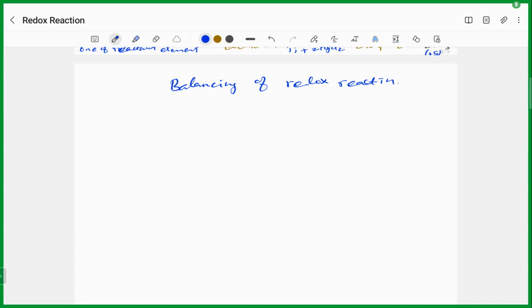And then the reduction reaction. P4 gives PH3, 0 to -3. So first balance phosphorus: P4 gives 4 PH3. Okay, now phosphorus is balanced.